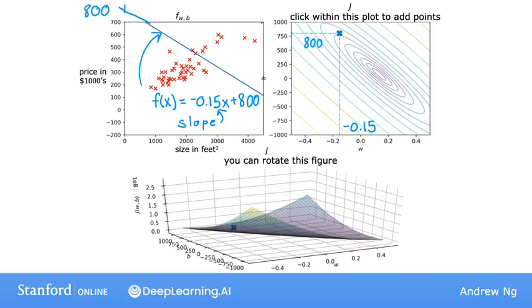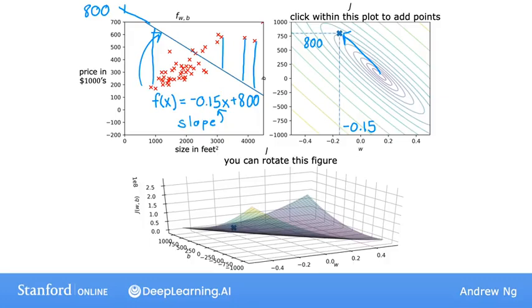For this function f of x, with these values of w and b, many of the predictions for the value of y are quite far from the actual target value of y that is in the training data. Because this line is not a good fit, if you look at the graph of J, the cost of this line is out here, which is pretty far from the minimum. It's a pretty high cost because this choice of w and b is just not that good a fit to the training set.